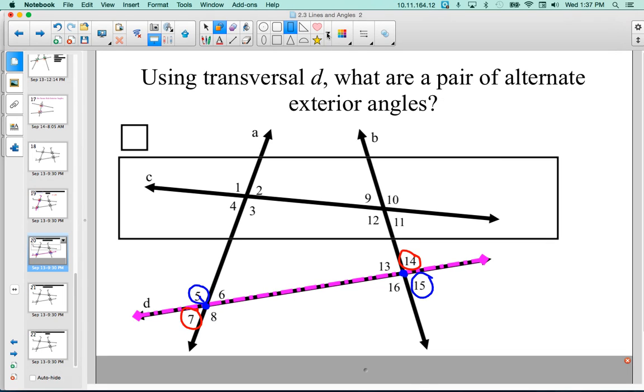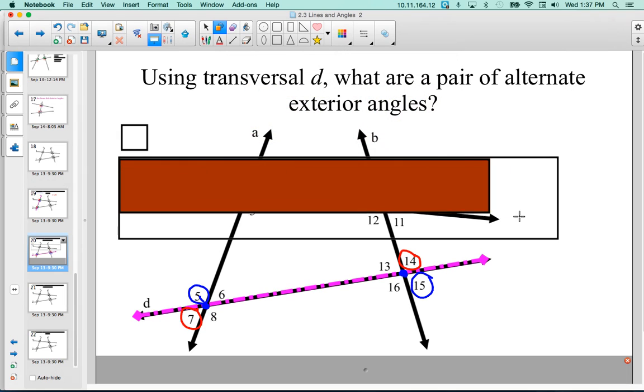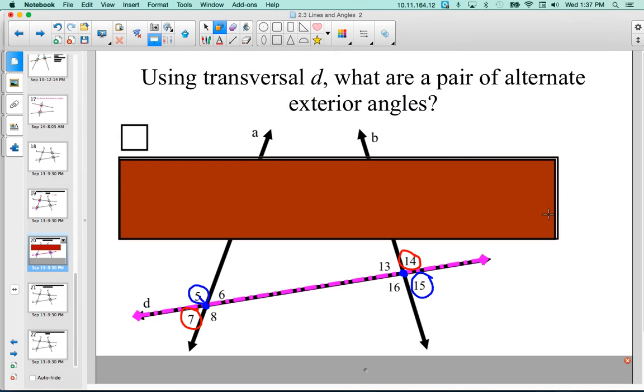And then I'd have to fill it in with a fill color. There we go. So I could cover it up, and then I'm just looking at these 4. Now, you can use your hand. You don't have to do these boxes or anything like that. But it gives you the idea that it really helps you focus on the angles that are being asked about.